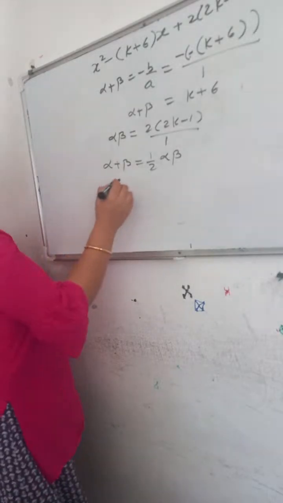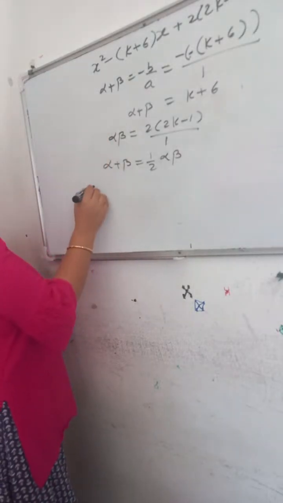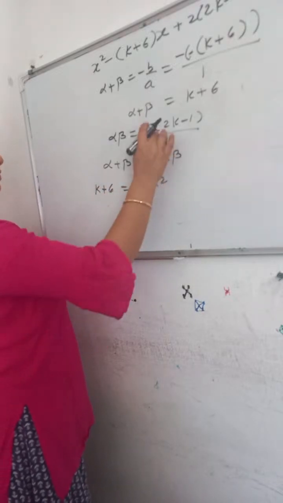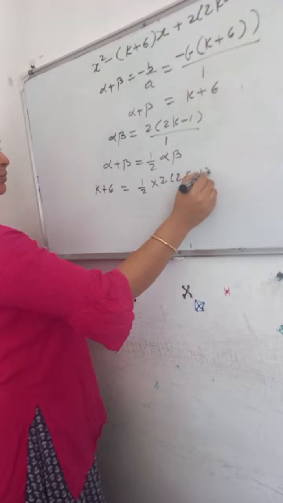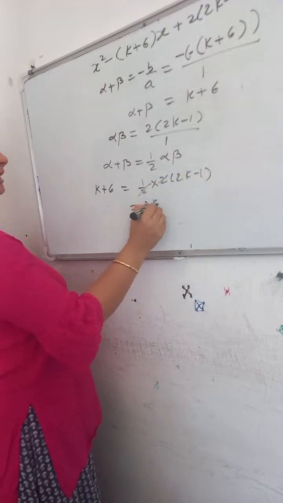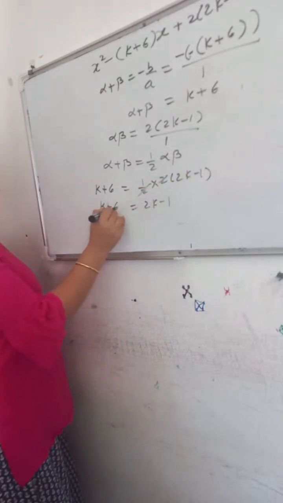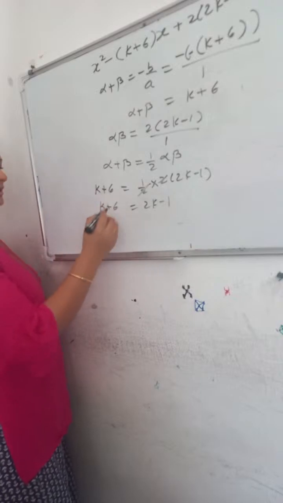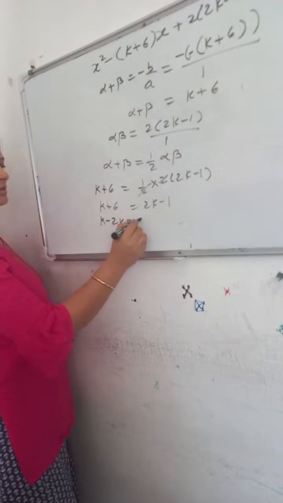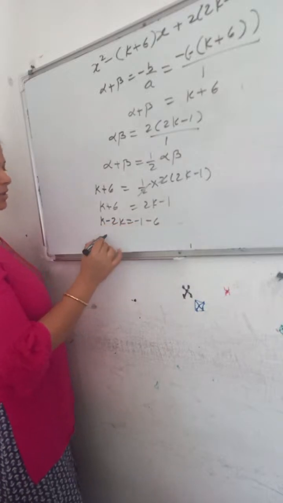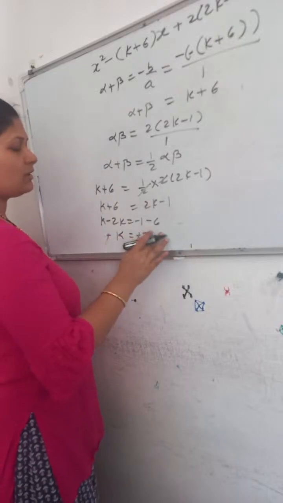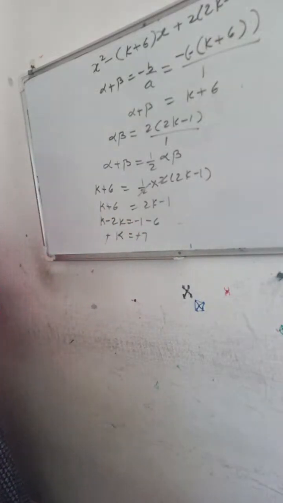Okay, so here the sum is k plus 6, and half into 2 into (2k minus 1), the 2 gets cancelled, so 2k minus 1. So k plus 6 equals 2k minus 1. Transpose that 6 over there, k minus 2k is equal to minus 1 minus 6. So here minus k is equal to minus 7. So k is equal to how much? 7. This is the answer.